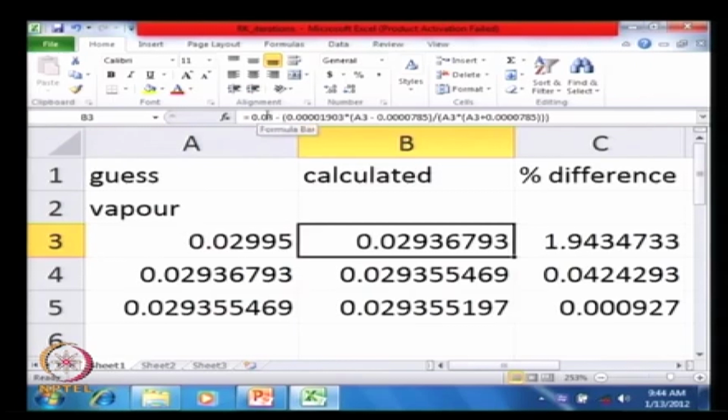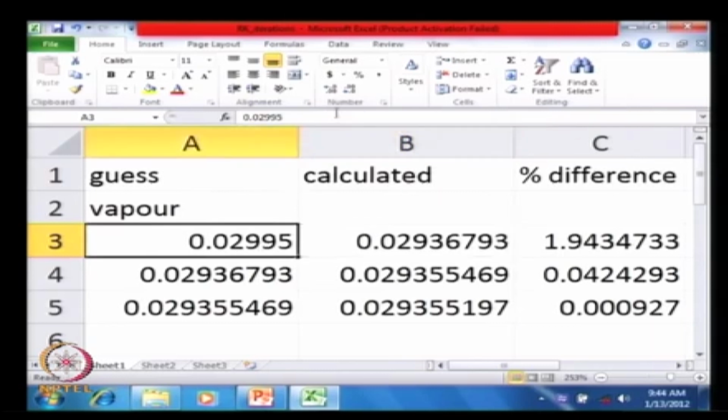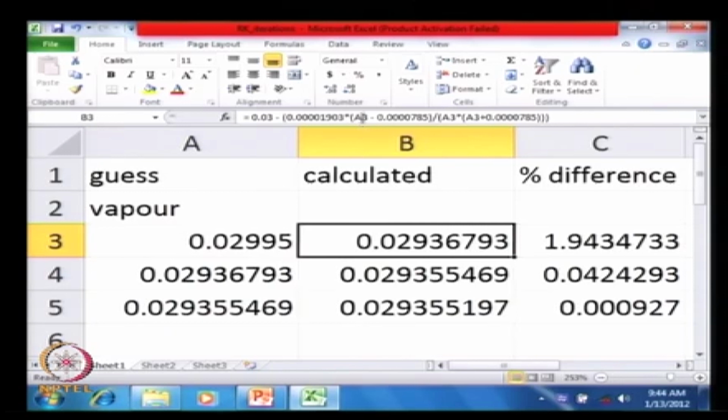I just substituted these terms, 0.02995 I have approximated as 0.03, minus A into the volume that is guessed, minus B, divided by Vn into Vn plus B. So this turns out to be 0.0293 and so on.